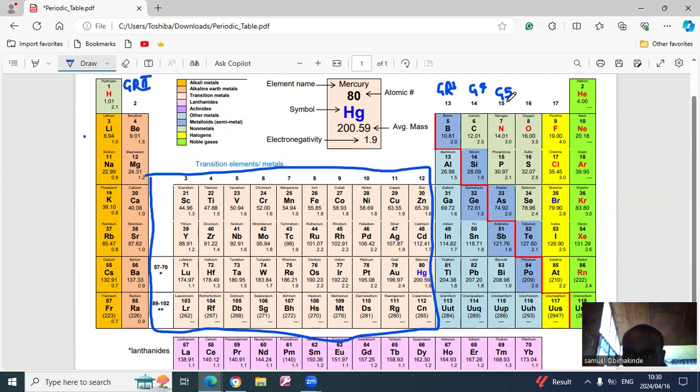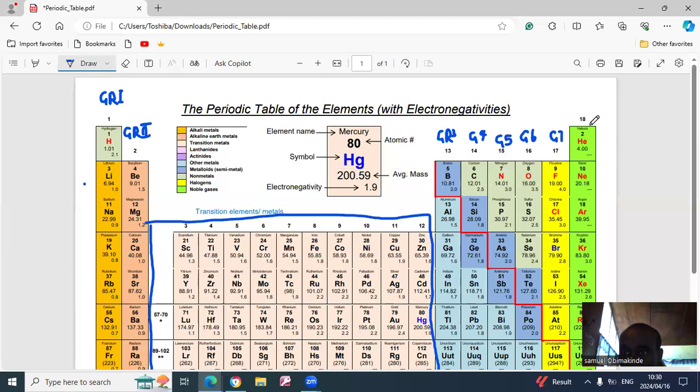The elements here will be group 5. Then the elements here will be group 6 in this vertical block. And the elements here will be group 7. The elements in this last vertical block will be group 8. So that is the standard way to name the periodic table.